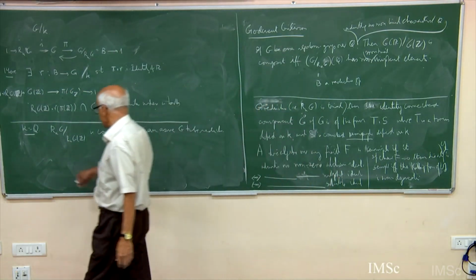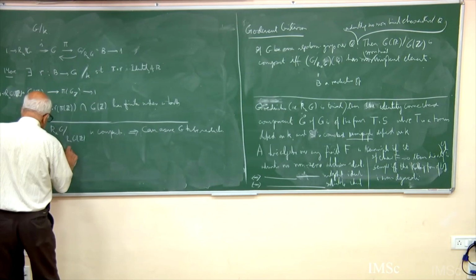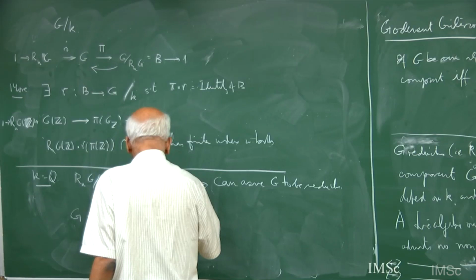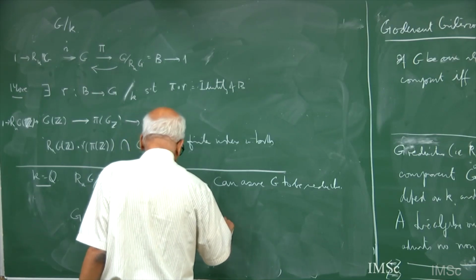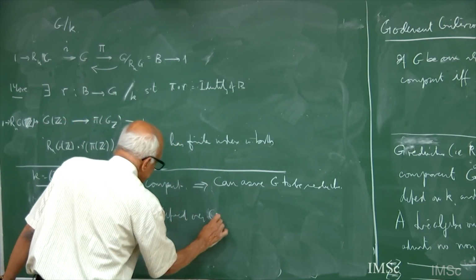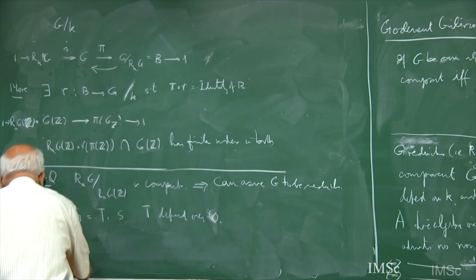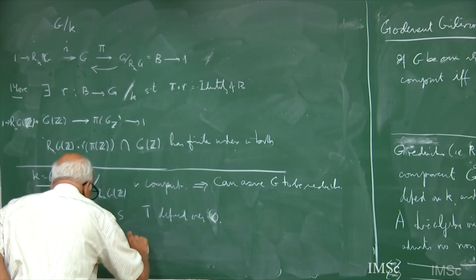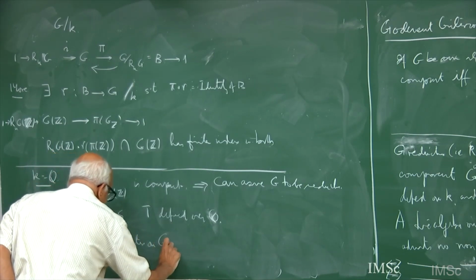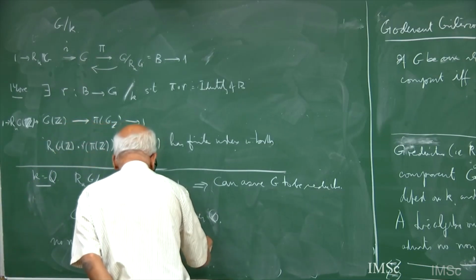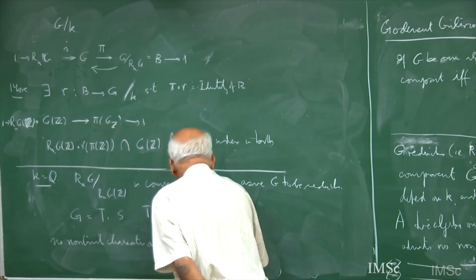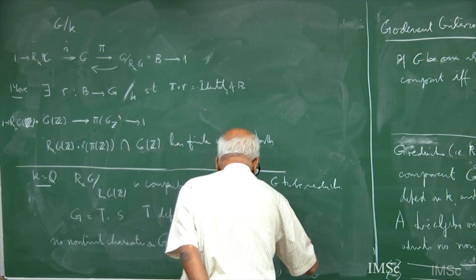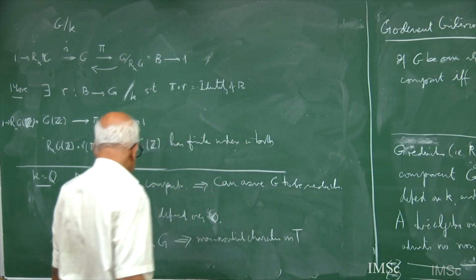Once again, G, as I already told you, is of the form torus T times semisimple S, defined over Q, and no non-trivial characters on G implies no non-trivial characters on T. The reason is the following.